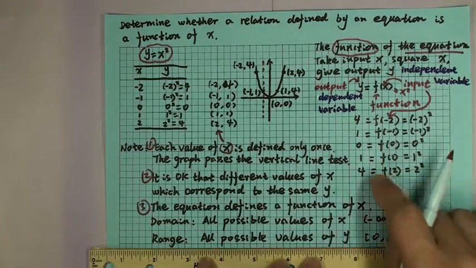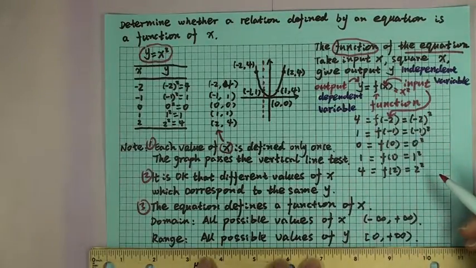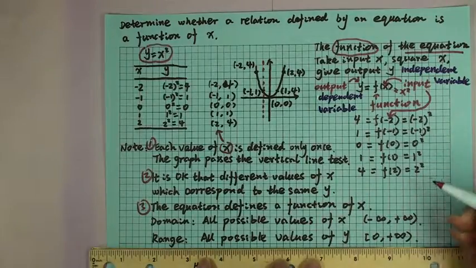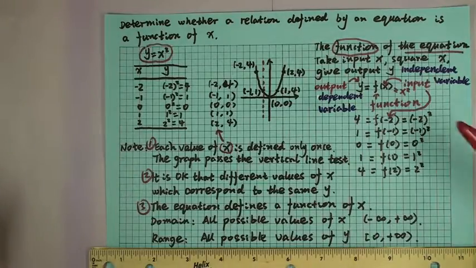Here I only used integers as the example. Some of you may ask, can we put fractional numbers there? You can, but right now we may not do that. So this is basically the definition of the function. I'll see you next time.